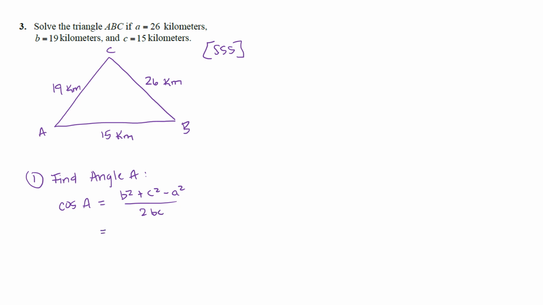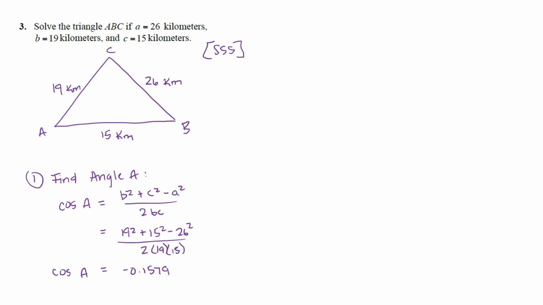We can then substitute in our given values for A, B, and C. When we have that in, we are going to enter that value into our calculator, and we will get negative 0.1579.